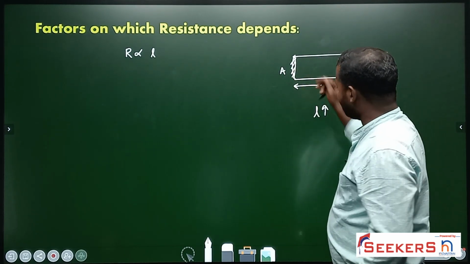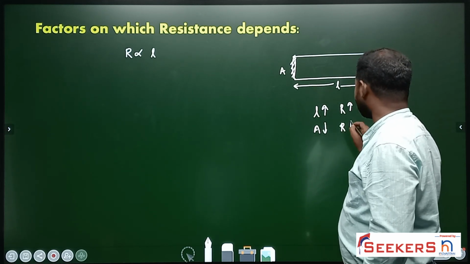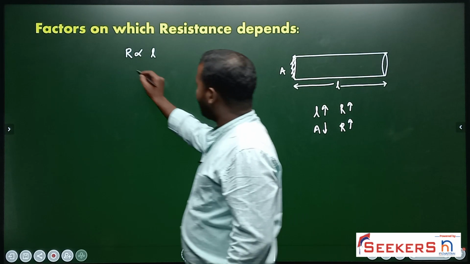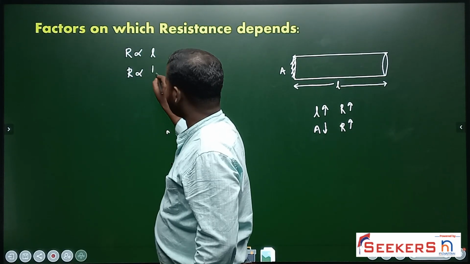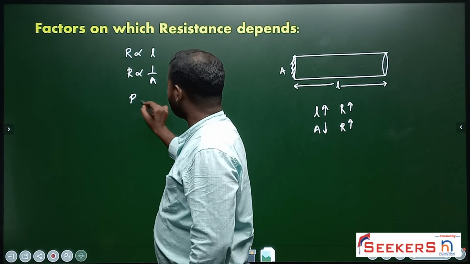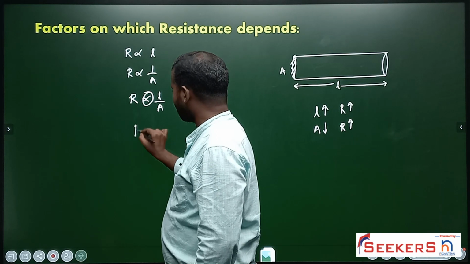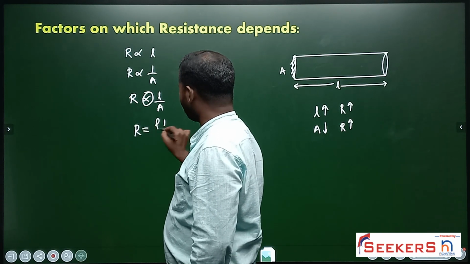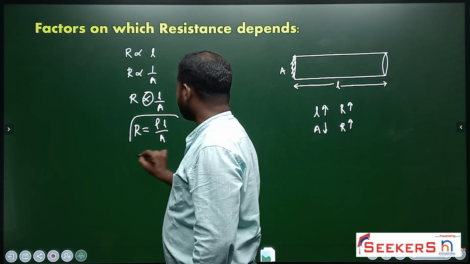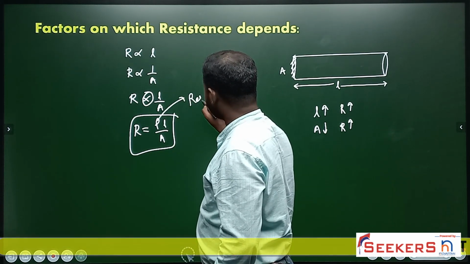The less the area of cross section, the more the resistance. So R is inversely proportional to area of cross section. Now if I combine both of them, I get L upon A. If I remove this proportionality constant, I get R is equal to rho L by A. So what is this rho? Rho is called resistivity.